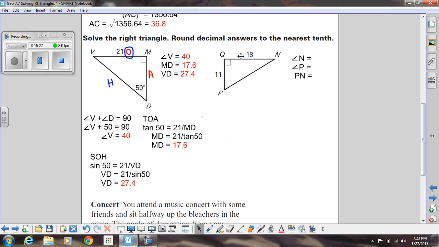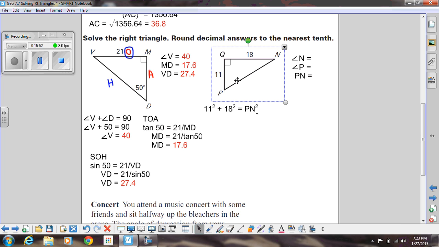Now over here, notice we didn't get any angles, so we have to find two angles, angle N and angle P, and then we have to find the hypotenuse, PN. So let's do the PN first, because PN, notice that I have two sides of my right triangle.